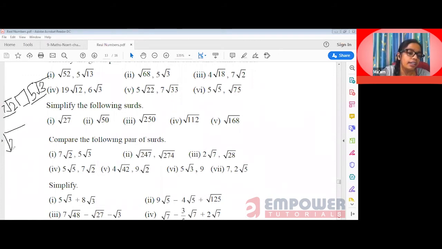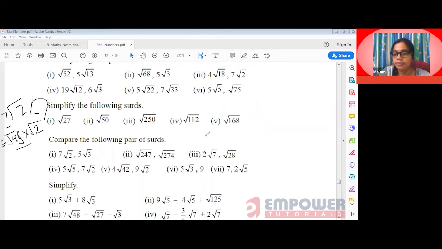Can I write it in this form, root 49 into root 2? Yes, because 49 is a perfect square and the square root of 49 is nothing but 7. So this is equal to this.